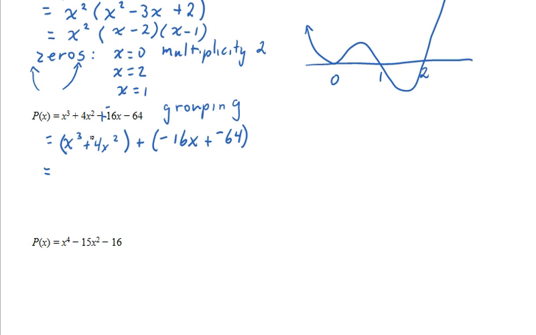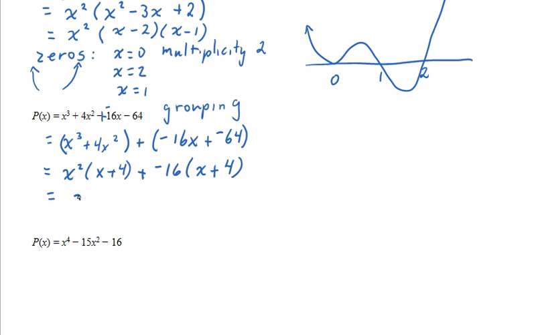So from the first group, I can factor out an x squared. From the second, I'm going to factor out a negative 16. That leaves me with x plus 4. X plus 4 is a factor in both of these terms.